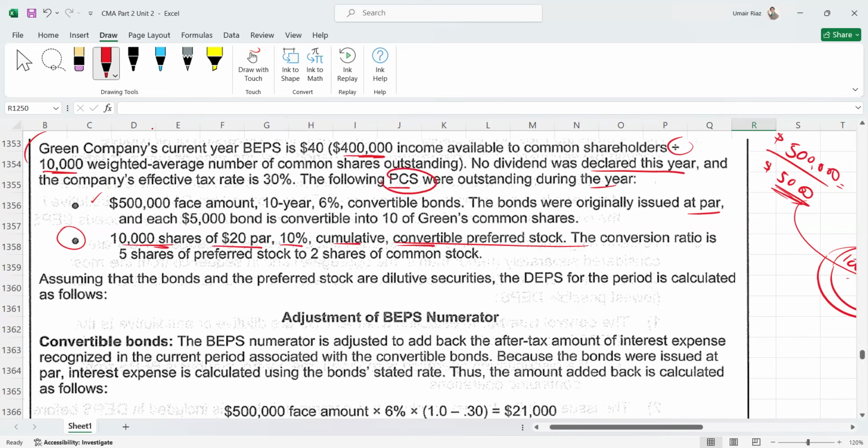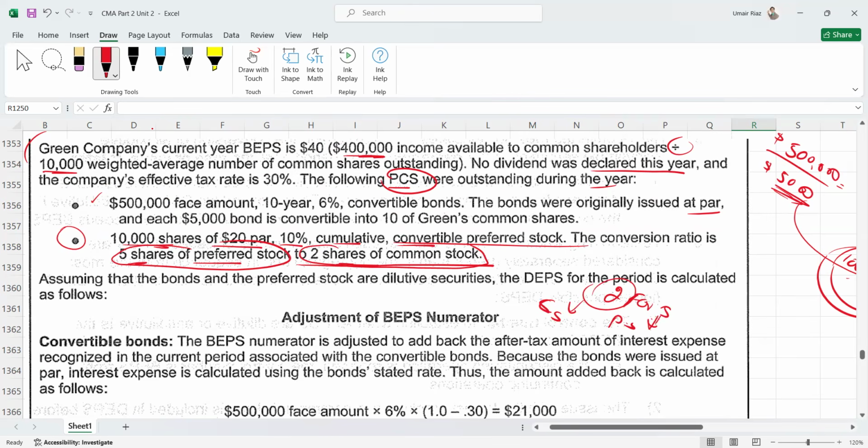So the conversion ratio is 5 shares of preferred stock to 2 shares of common stock. What they're saying is, against each 5 preferred shares, you will get 2 common shares. This is the ratio, 2 for 5. You will get 2 common shares if you have 5 preferred stock.